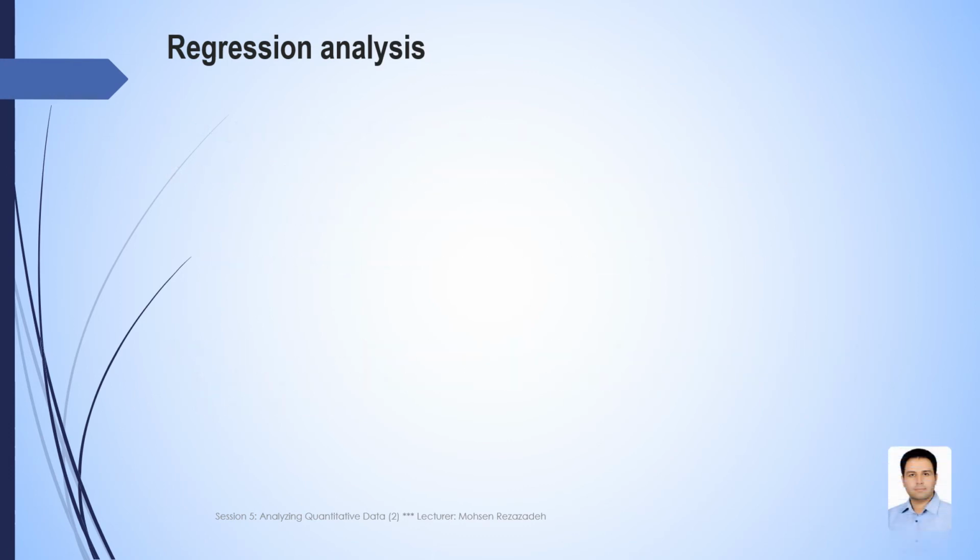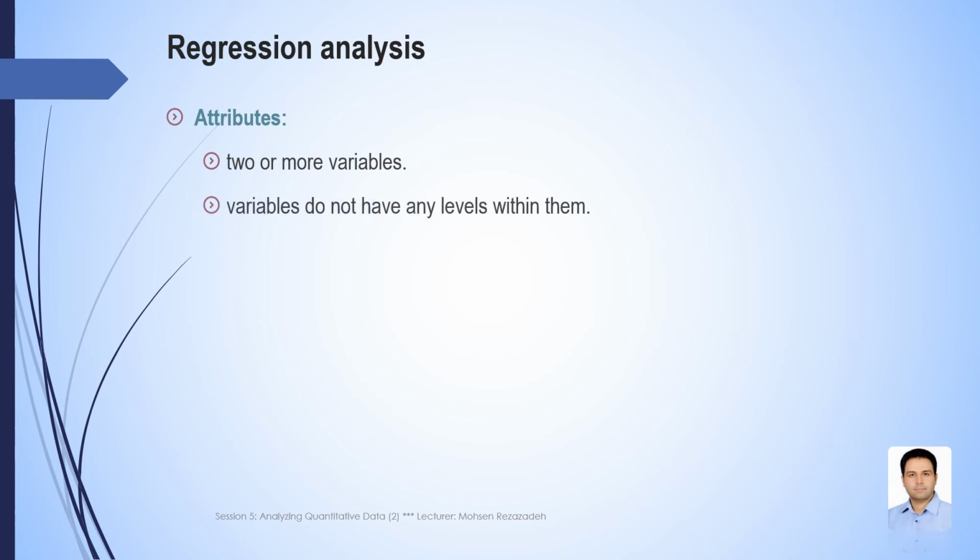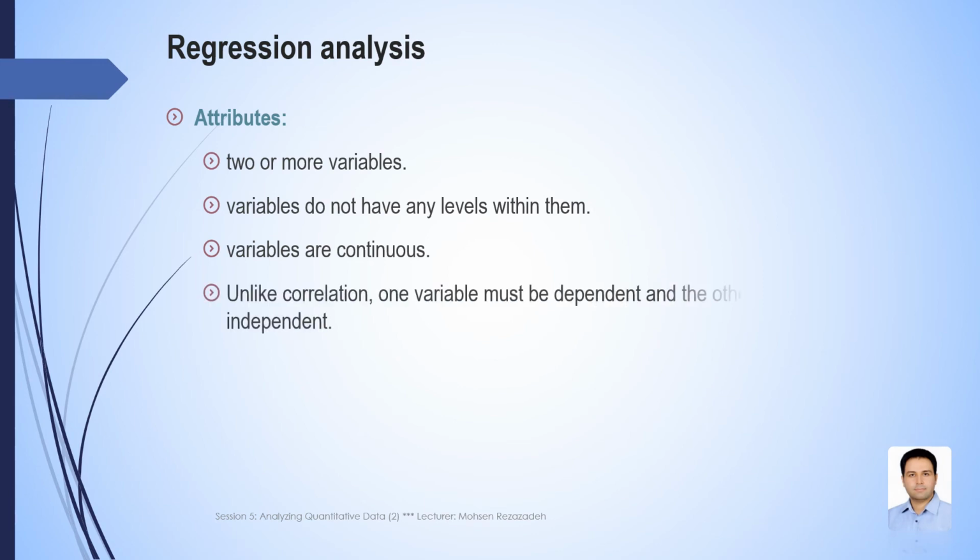Regression has a number of attributes. Number one, it has two or more variables. Two, these variables do not have any levels within them. Three, all variables are continuous. And four, unlike correlation, one variable must be dependent and the others are independent.